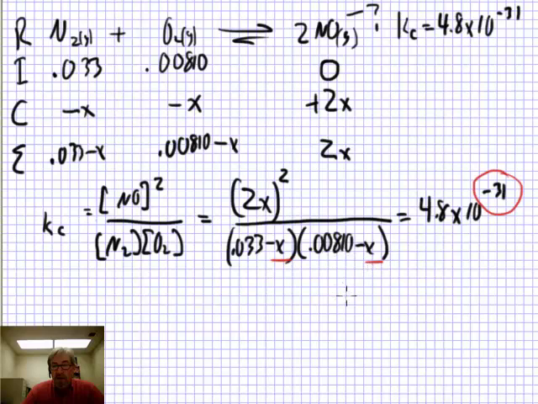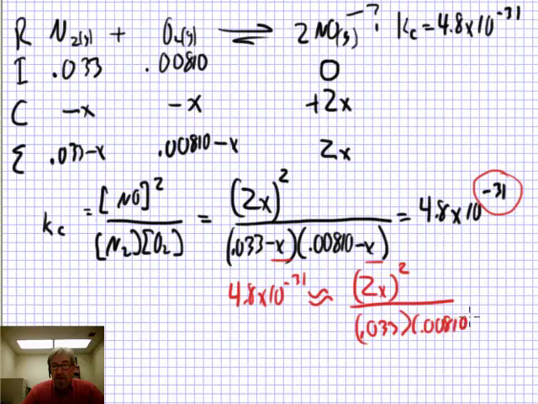So we can rewrite this, and we can say that the 4.8 times 10 to the negative 31st is probably pretty close to 2X quantity squared over 0.033 times 0.00810, because we're going to assume that X is so small compared with 0.033 and 0.00810 that when you think about significant figures, you wouldn't even end up having to subtract it at all.